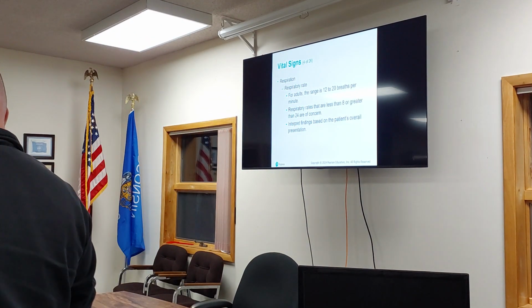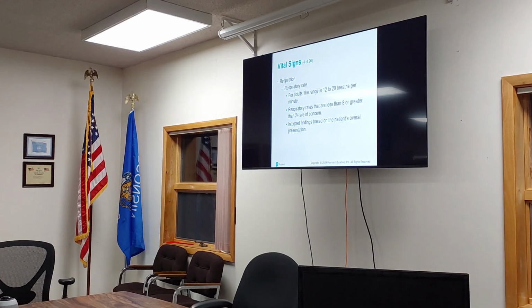Respiratory rate, I'm going to go off on a little bit of a rant with this. We'll focus on the four main vital signs. Respiratory rate is how many times we take a breath over a minute. The adult should breathe between, and textbooks will tell you, 12 to 20 breaths a minute.